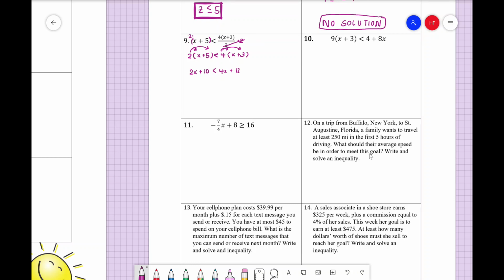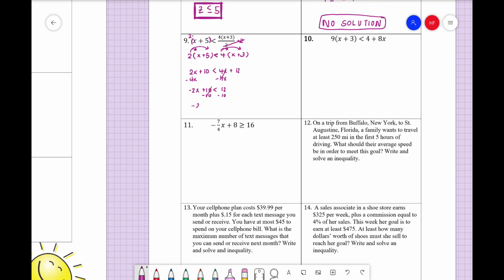So now I need to get all of my constants on one side, all of my variables on the other. So I'll move this 4x by subtracting. 2x minus 4x is negative 2x. Plus 10 is still on the left, less than 12. I'm going to move that plus 10 now.